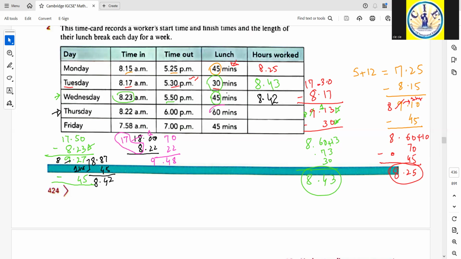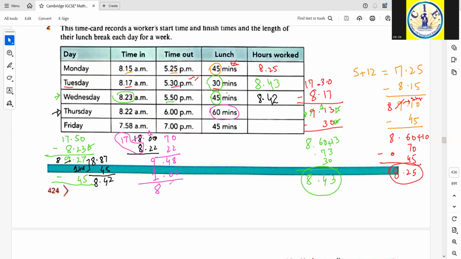Now there was a break of 60 minutes. So we can subtract 60 minutes, or that 60 minutes is actually 1 hour. So what I can do is subtract 1 complete hour from here.